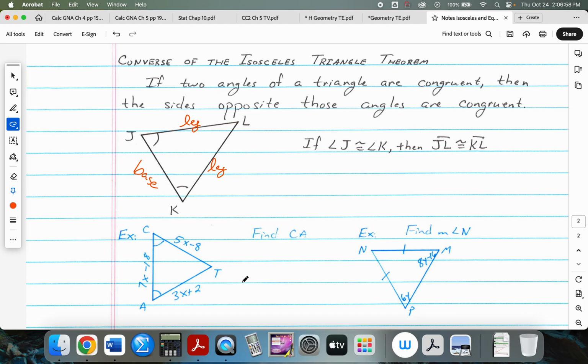So for this one, we've got that these two angles are congruent to one another. So this side is the base. If that side's the base, then these two sides are the congruent legs.